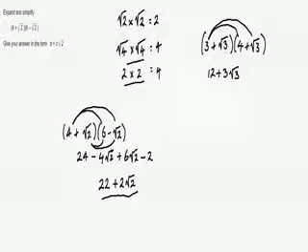So now we're going to multiply by the root 3. So root 3 times 4 is just going to be 4 root 3. And then root 3 times root 3, remember, a root times itself gives you the number inside, so we get plus 3.